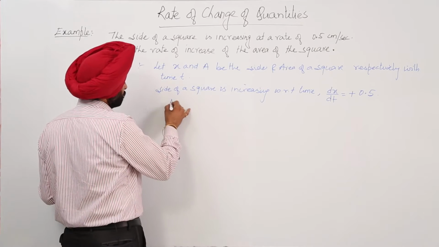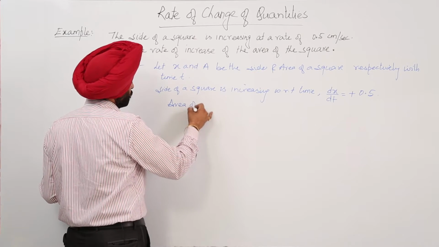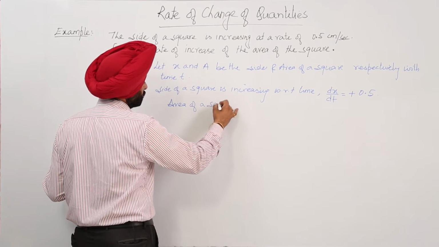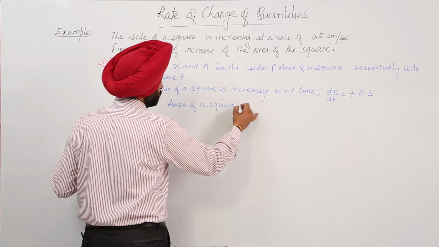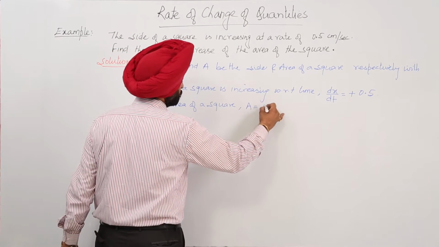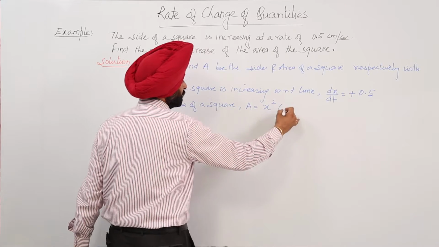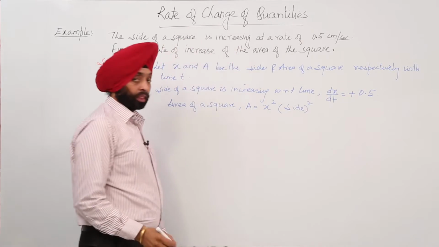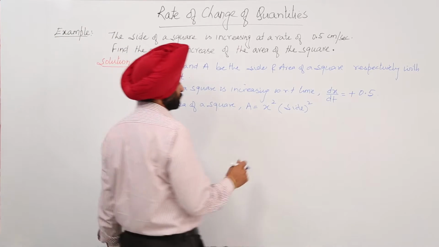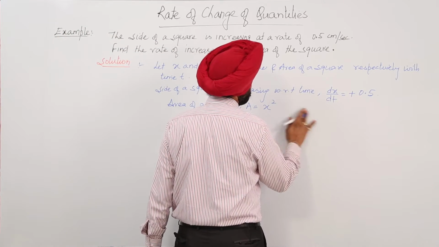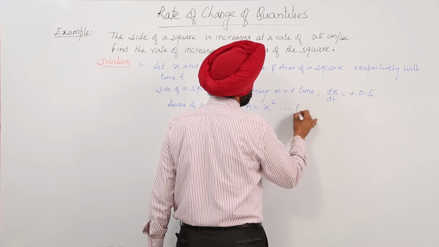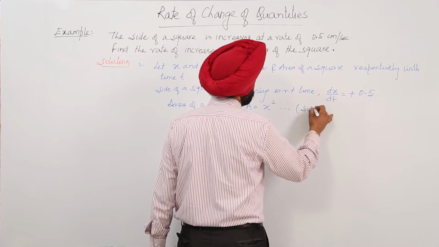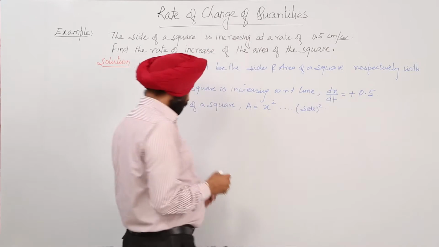Now the area of a square is A is equal to x square. It is what? Side square. Okay, x means what? Side square. We can write side square. Okay.